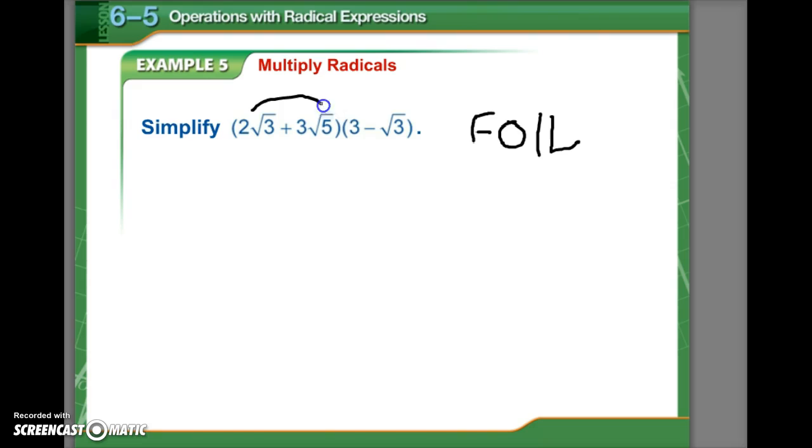So we're going to do the first times the first. 2 root 3 times 3 is 6 root 3. We're going to do the outer, 2 root 3 times negative root 3. So that's negative 2, and root 3 times root 3 is root 9.